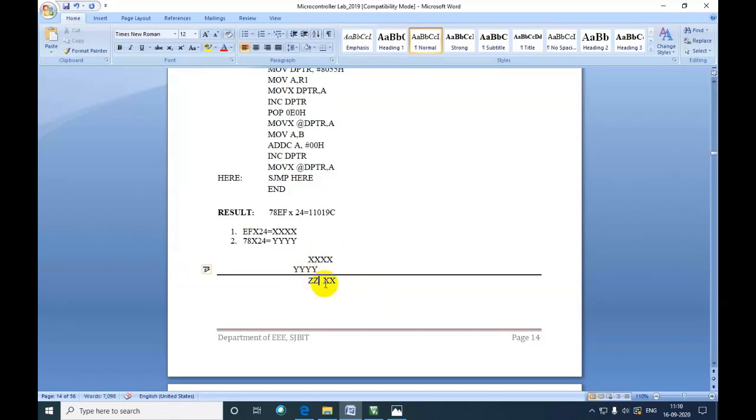Next, if there is any carry with this addition, I would add it along, and I would be writing YY here. This is how I perform the 16-bit into 8-bit multiplication. We'll see how we execute and get the result.